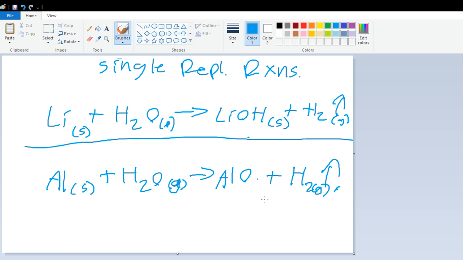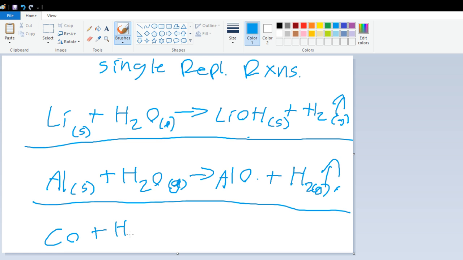And finally, the last four, cobalt, nickel, tin, and lead, will displace hydrogen only from acids. They're not going to do anything fancy. Let's take cobalt. I have to make up an acid on the spot. Random acid, say H2SO4.